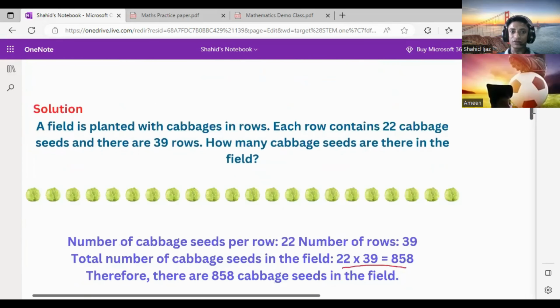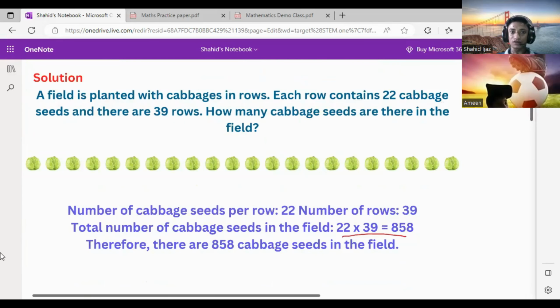We should write the number of cabbages per row and the number of rows, 39. Then we multiply, and at the end, we should tell him in sentence form that there are 858 cabbage seeds in the field.